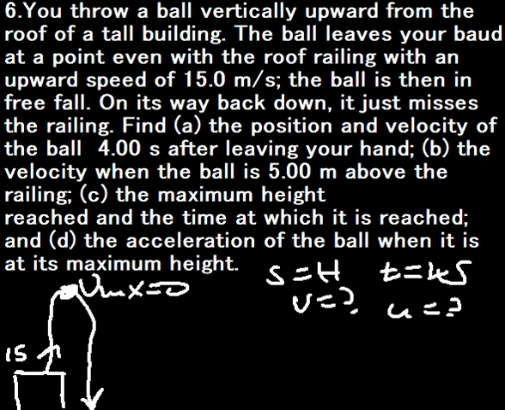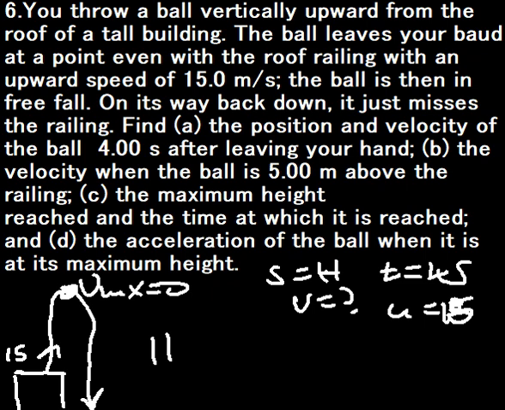What's the question here? Find the position and the velocity. We have the initial velocity given as 15 meters per second. So in order to have the height or the position, we need to use this formula.